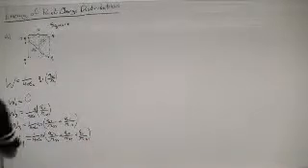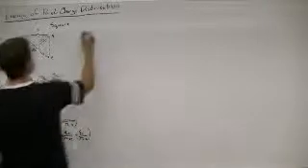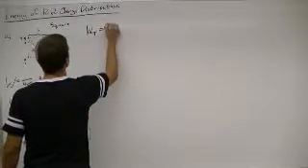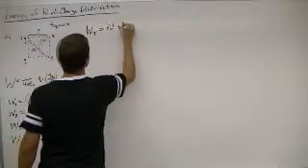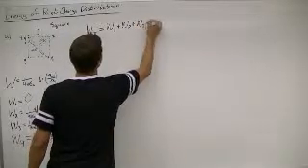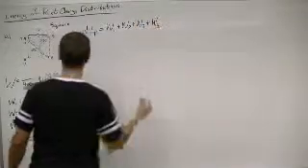So the total stored energy is all of these things added together. So total work equals work 1 plus work 2 plus work 3 plus work 4.